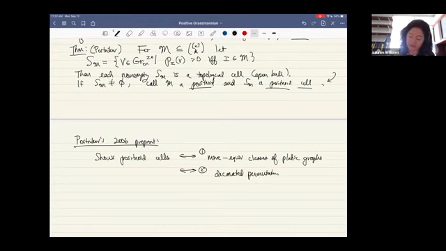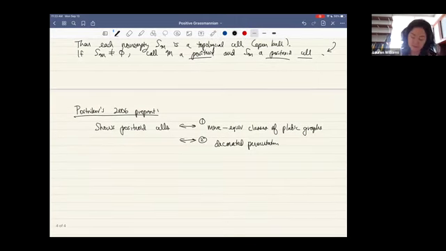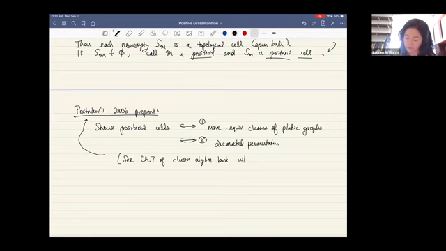So I will now start talking about plabic graphs, and I'll just mention that what I'm discussing today you can find in Postnikov's 2006 preprint, and you can also see a recent exposition in a chapter of the cluster algebra book that we've been writing jointly with Fomin and Zelevinsky.